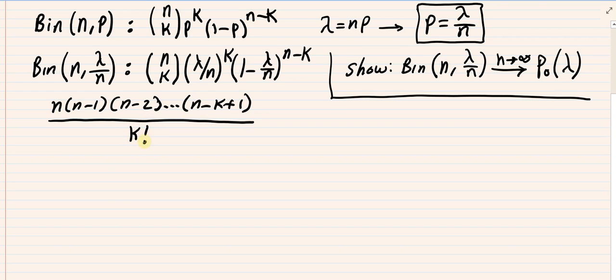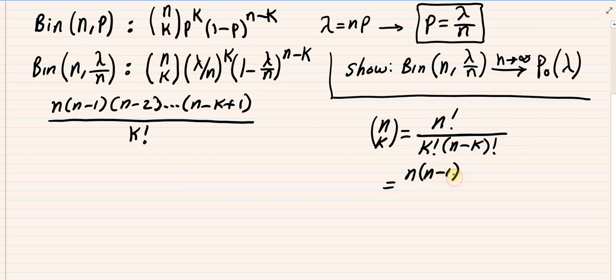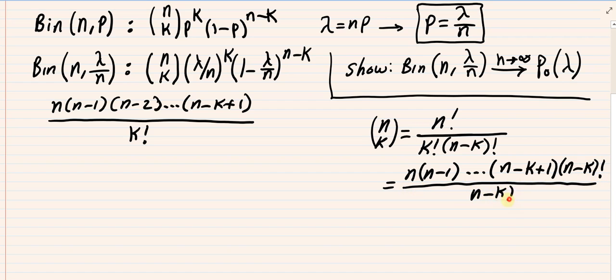Recall again, n choose k is n factorial over k factorial times n minus k factorial. So if you expand the numerator, it is n, n minus 1, up to n minus k plus 1, and the next term is n minus k, and so on, over n minus k factorial, and of course k factorial is there. These cross out, and so that's how I got that expression.